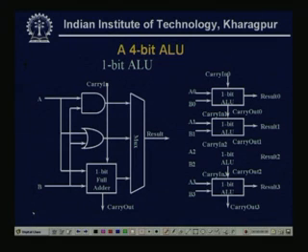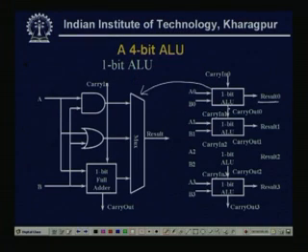Now, if I want a 4 bit ALU, we have to add 4 such 1 bit ALUs, and this is the diagram for that. So, now it is A0 B0. This is the block diagram of the 1 bit ALU. It has two inputs A0 B0, a carry in, and the output, say I am calling Result 0, because I do not know whether it is a logic function or an arithmetic function.